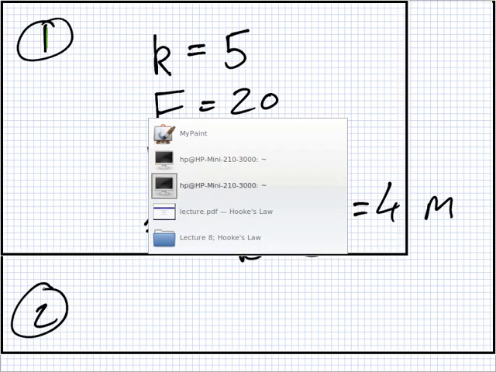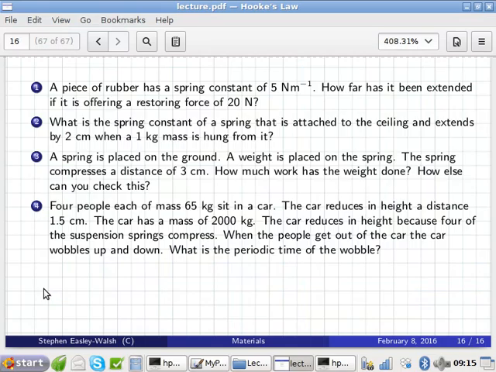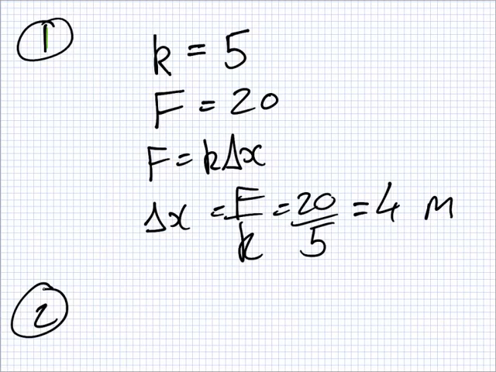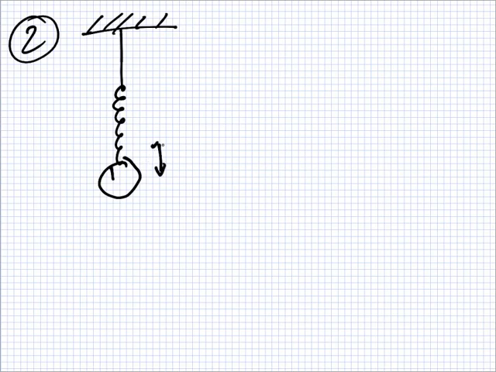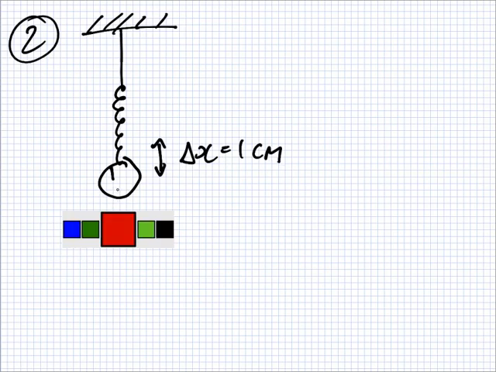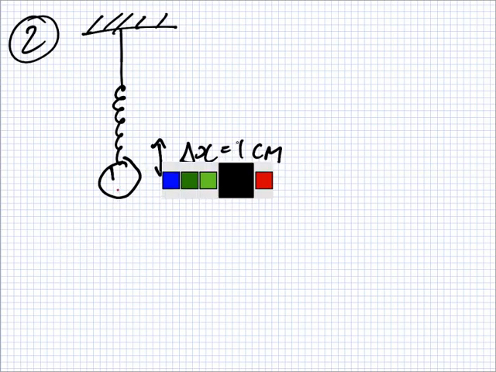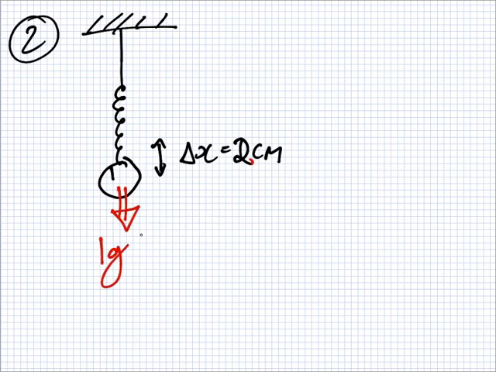Okay, number 2. What is the spring constant if it extends by 2 centimeters? And how big is the weight? 1 kg. And this causes an extension of 1 centimeter? 2 centimeters. 2 centimeters, okay. So then the weight here is 1 g.